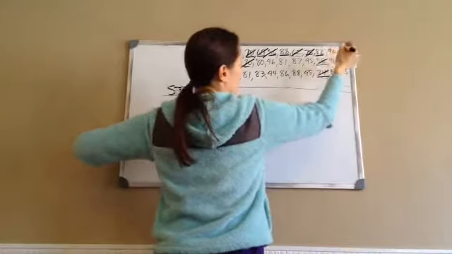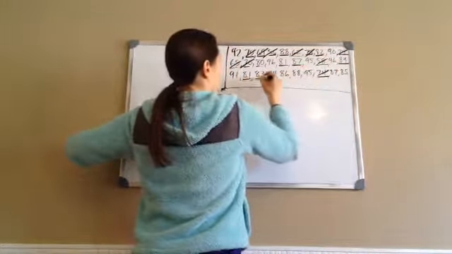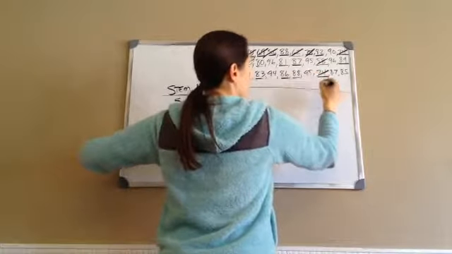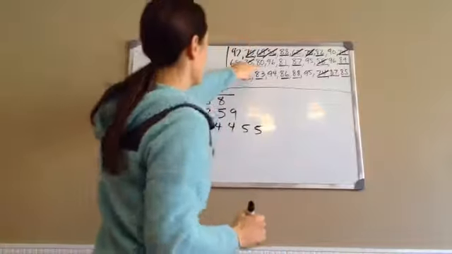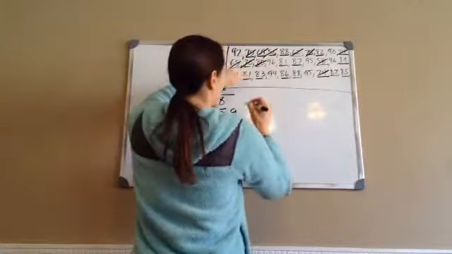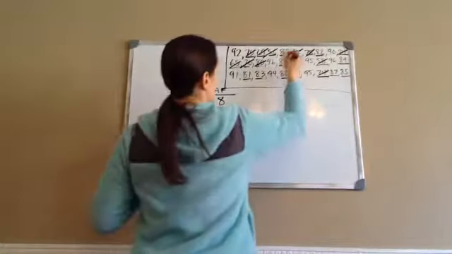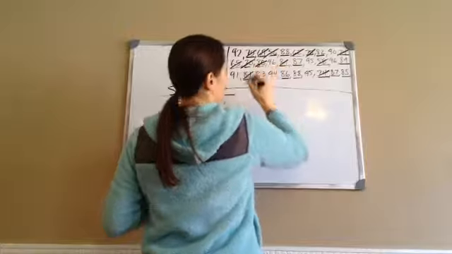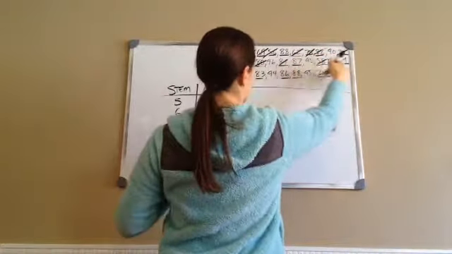Okay, lots of 80s. So I see 80. Do you see any more? No. Okay. 81, two 81s. 82. Any other 82s? No, 83.